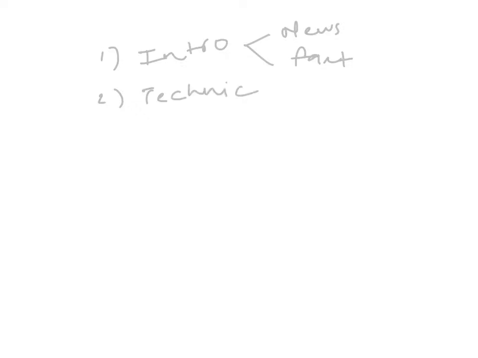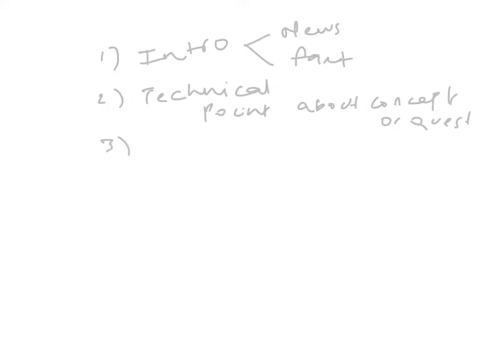We will prefer the beginning with an intro. Intro can be news or intro can be fact. When we say news, it's current affairs related. Second should always be a technical point, about the concept or question.